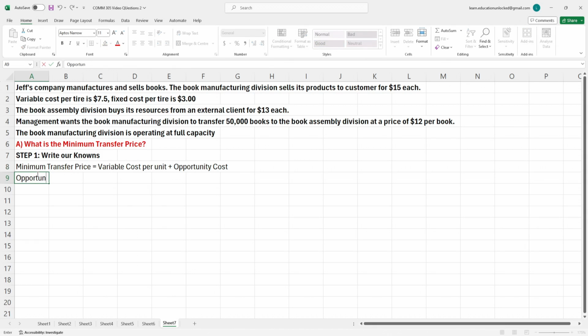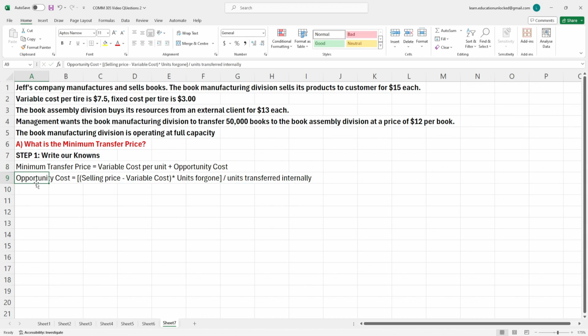And opportunity cost is equal, and I'll put two brackets here, the selling price minus variable cost times units foregone, and divided by units transferred internally.